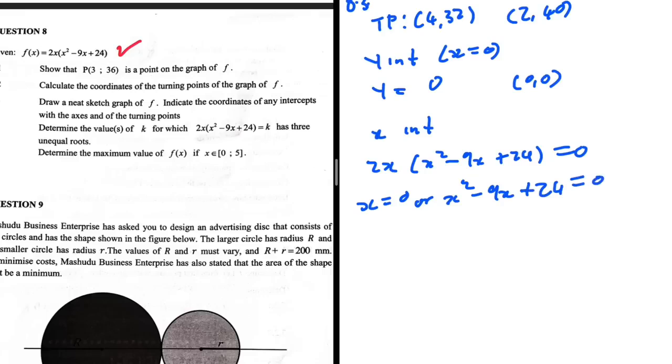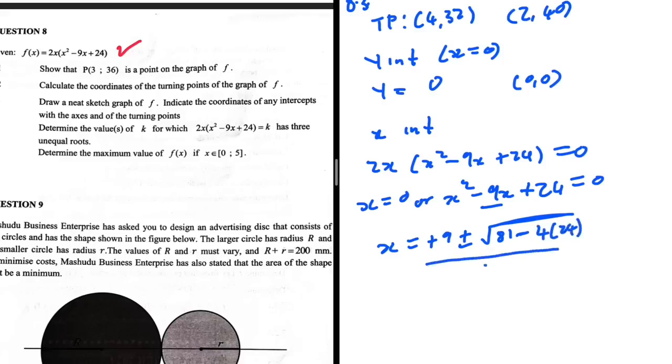Let me use the quadratic formula. x equals 9, because we have minus 9 there, plus or minus the square root of 9 squared, that is 81, minus 4AC, where A is 1 and C is 24, everything divided by 2A.